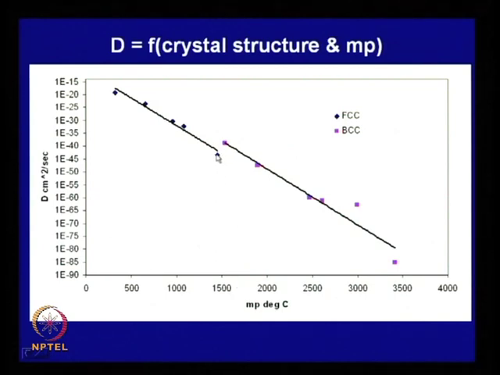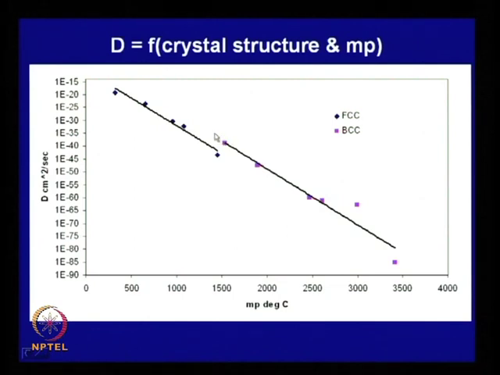So, that means if the melting point is higher, at a given temperature its diffusivity is lower. If for a metal the melting point is low, like lead here, its diffusivity at a fixed temperature, say room temperature or 100 degrees centigrade, is the highest, and this also is a function of the crystal structure. Look at BCC.